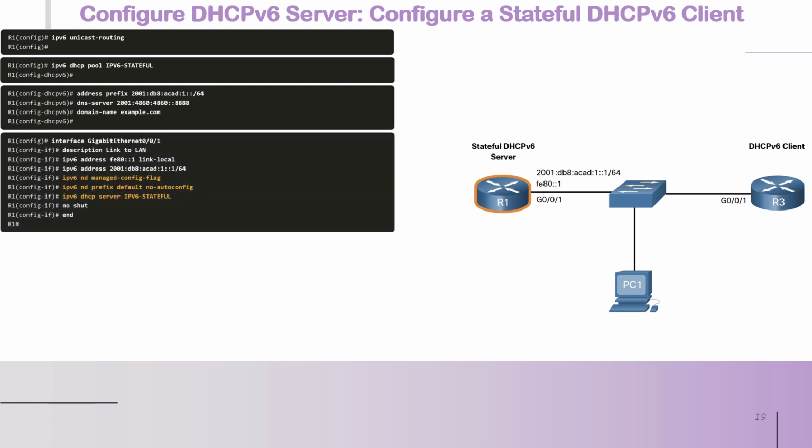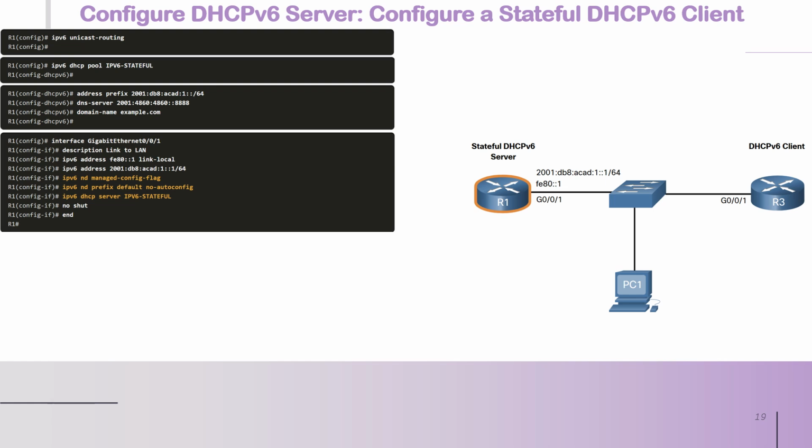To do that, we have to go to the interface that is connected with our network, and by using the IPv6 dhcp server with the rapid-commit stateful pool, we are binding our DHCP pool to the interface, and we have to manually change the state of the flags M and A. By using the IPv6 nd managed-config-flag command, we change the flag from 0 to 1.